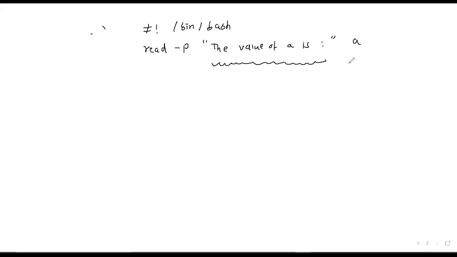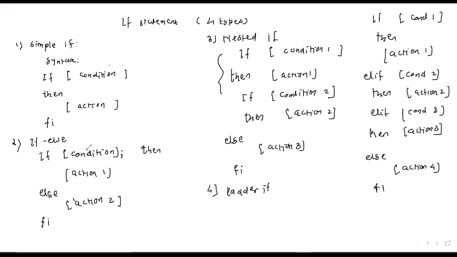So let us take one simple example first, based on a simple if. Or we can take if and else. The first case is very simple, so we can jump directly to the second case. See, in the first case, if only this condition is satisfied, then it will execute this action.